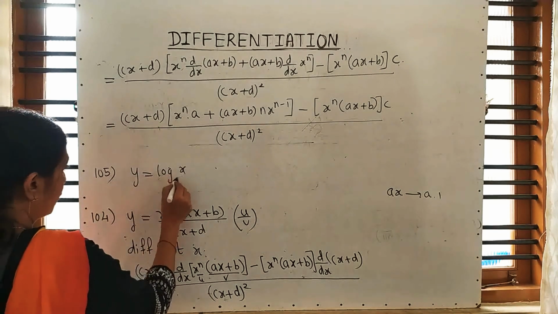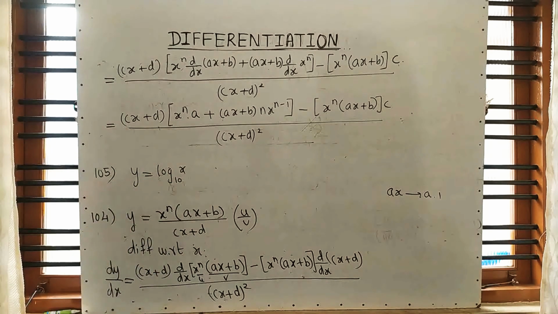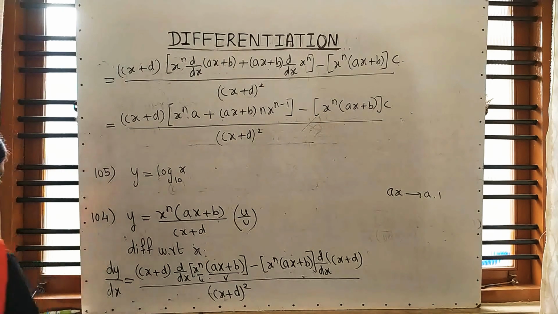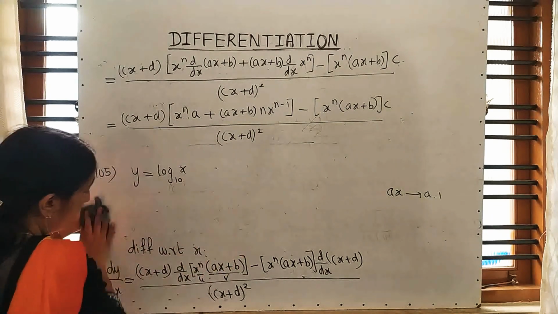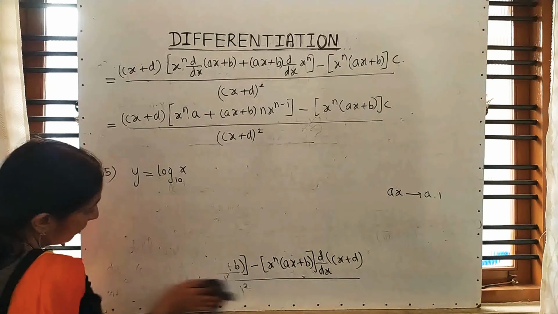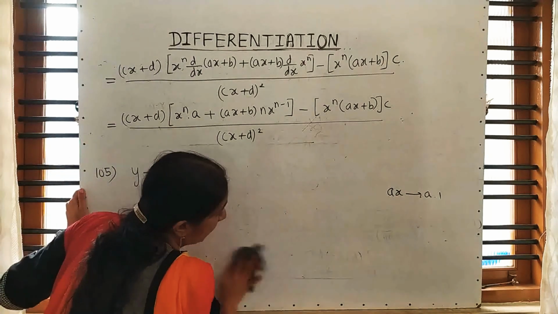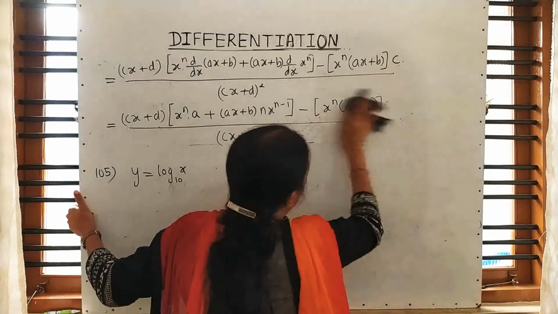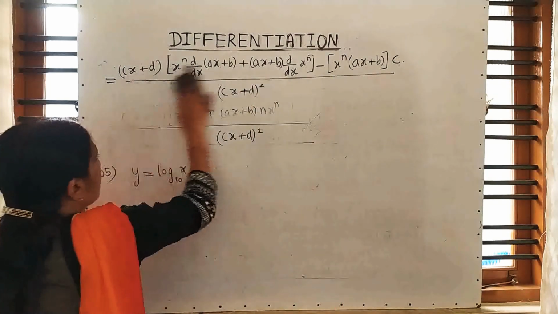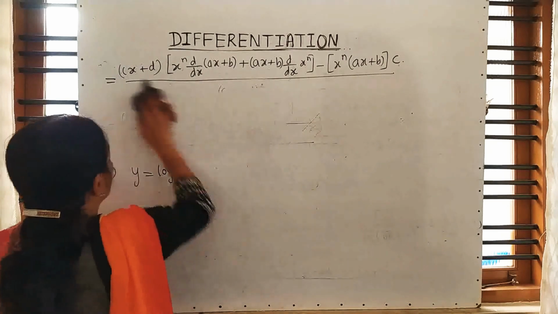Log x to the base 10. Solve this. Here base is different, means you cannot write as 1 by x directly because the base is 10. As I explained in one of the previous examples, first apply change of base theorem.